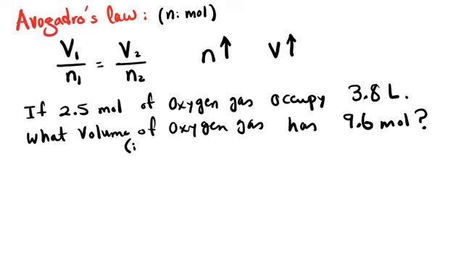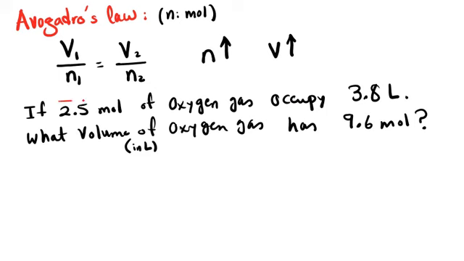Let me write that one in liters. So we are going to work on a simple calculation. The question says, if 2.5 moles of oxygen gas occupy 3.8 liters, what volume in liters of oxygen gas has 9.6 moles?